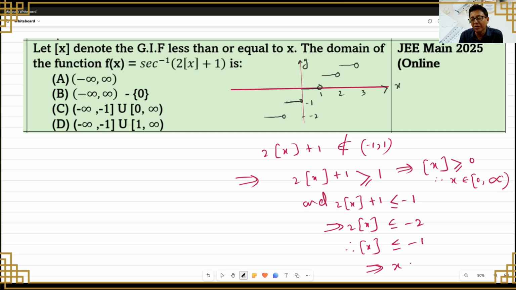So this will belong to -infinity to 0. Anyway, their modulo x will be always less than minus 1. Okay?